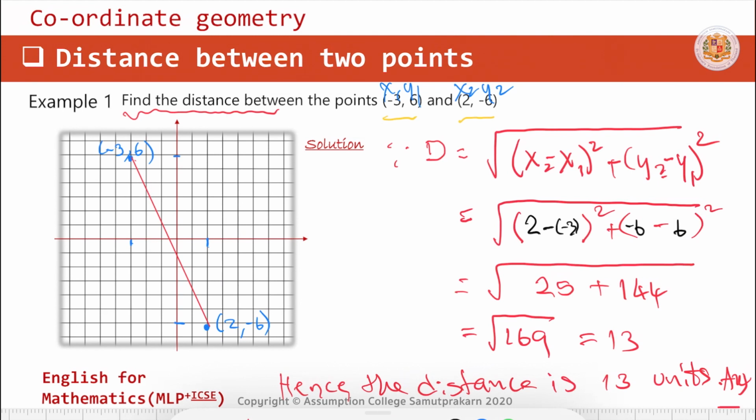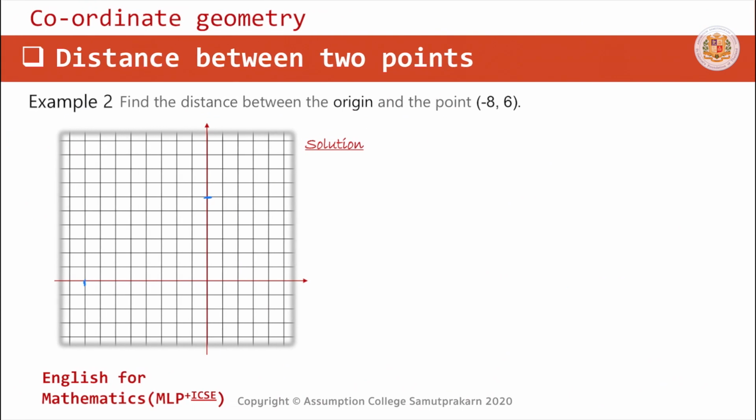Now, if you don't have any question, where you can actually ask me now, so just move on to example 2. To make it quick, I already marked where is the negative 8 and where it's supposed to be 6, and the coordinate negative 8, 6 would be here, and the origin would be here. 0, 0 is the origin.